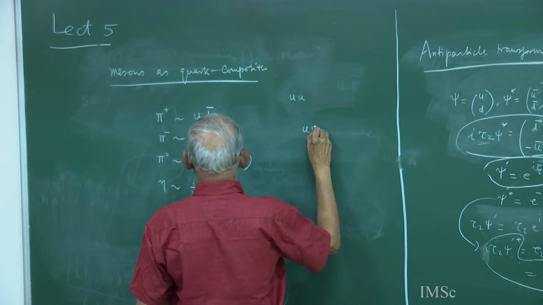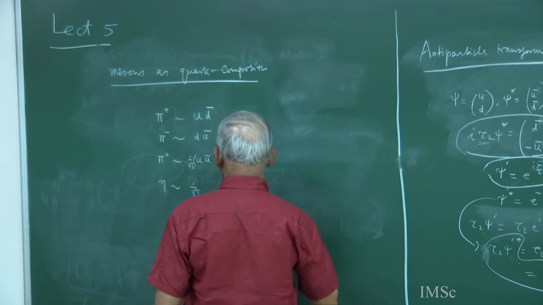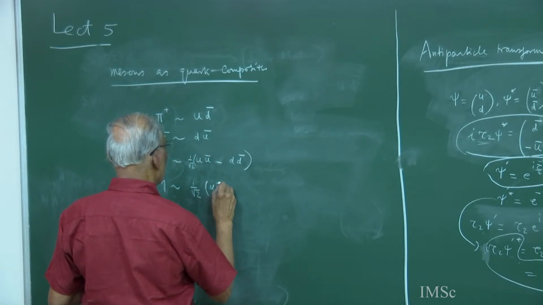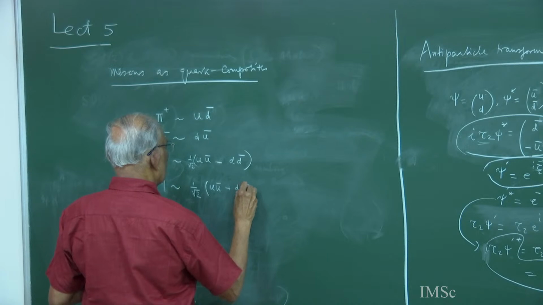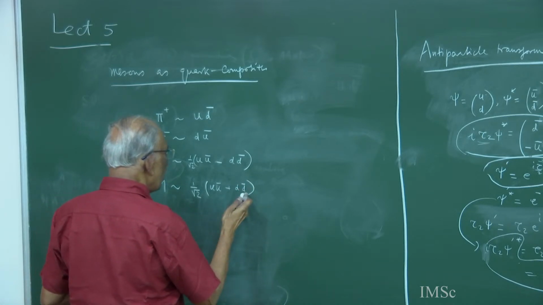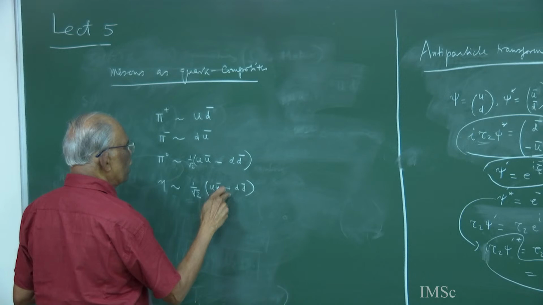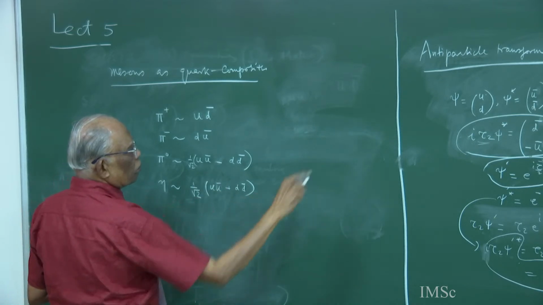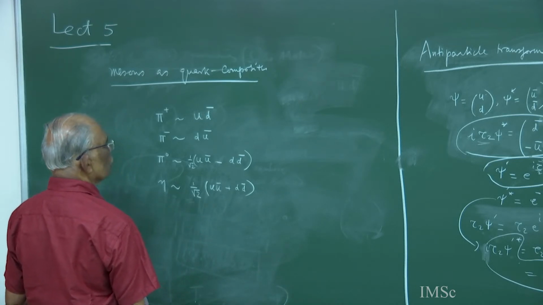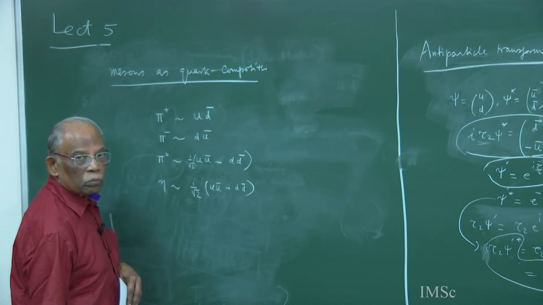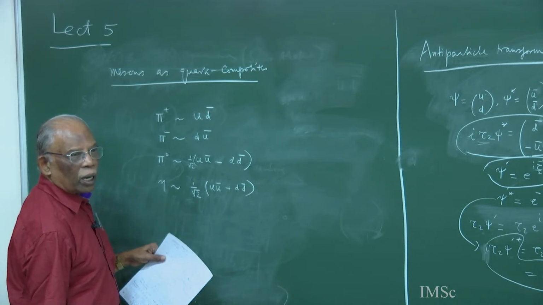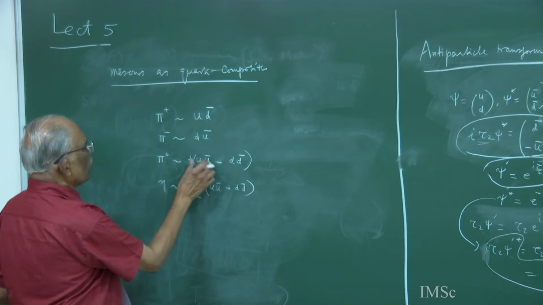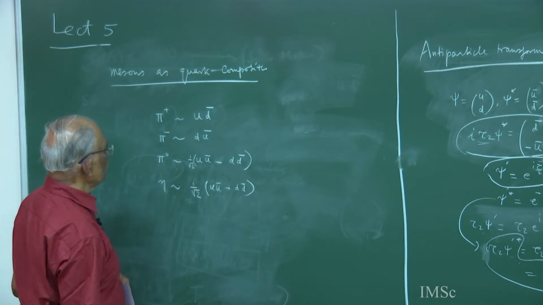So 1 over root 2 will be the orthogonal combination, u u bar plus d d bar. If it had not been an antiparticle, just a particle, it would have been minus here and plus here. But I am saying that the signs get flipped because of that minus sign. That's all I am saying. Okay? And K plus, K0, K minus, K0 bar, there is no complication. Complication comes only when there are these diagonal objects.